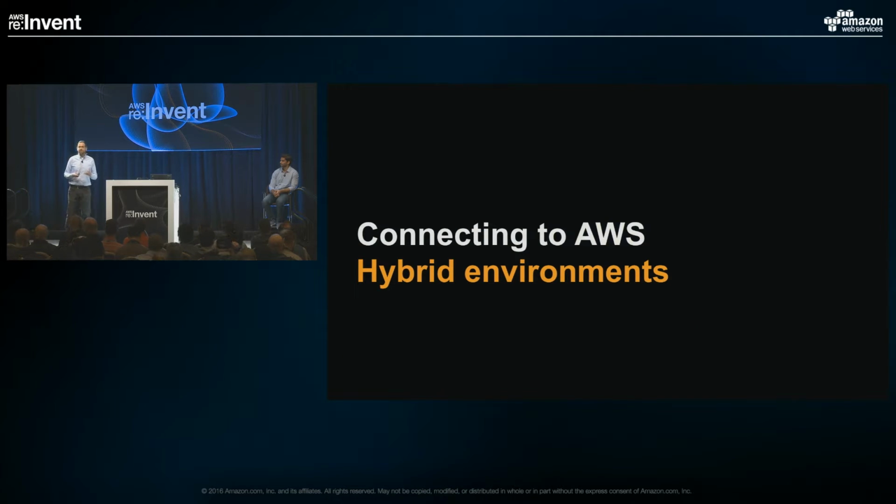So let's begin with a quick level setting of terminology. When we refer to hybrid environments, we are talking about customers that have requirements for storing data in AWS or running compute loads in AWS, and they wish to connect them with storage and compute workloads that are running elsewhere.